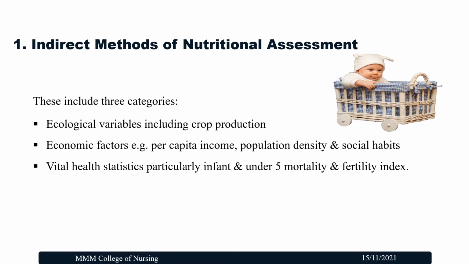There are three categorizations: ecological variables including crop production; economic factors, for example per capita income, population density and social habits; and vital health statistics, which include infant and under 5 mortality and the fertility index. All these categorizations will help us to identify the nutritional status of an individual.